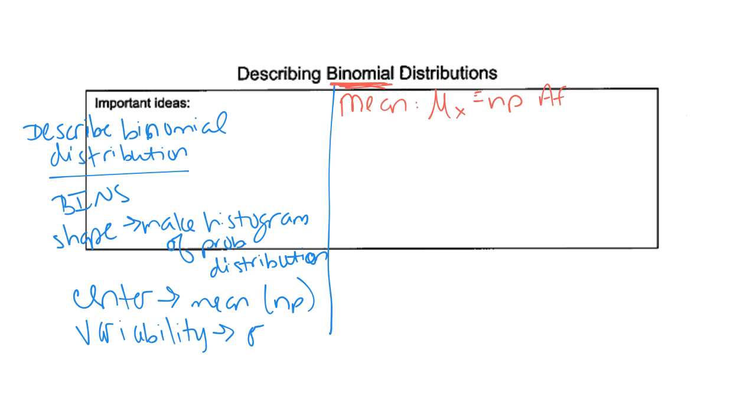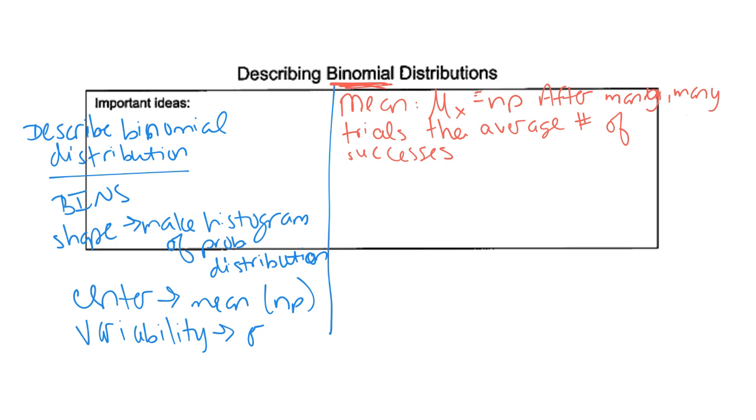So after, here's your stem: on average, the number of successes in context, right?